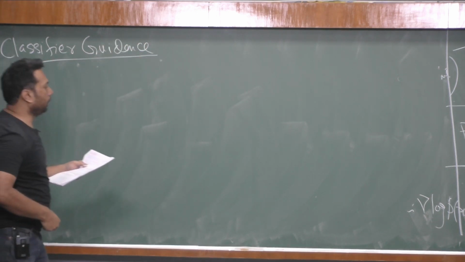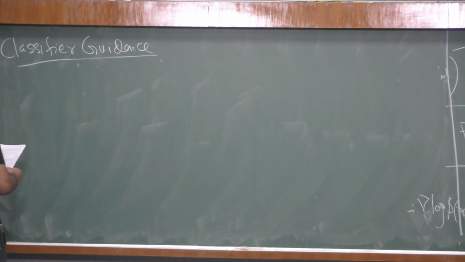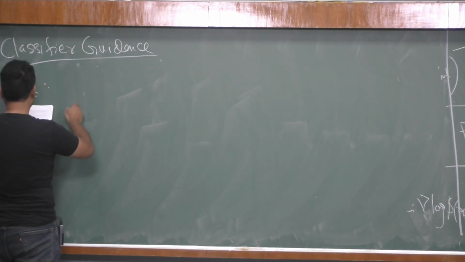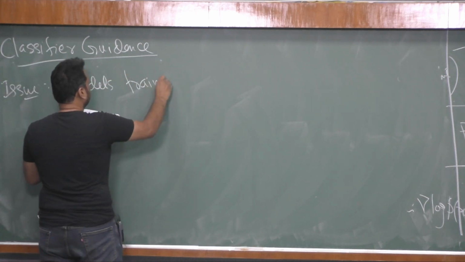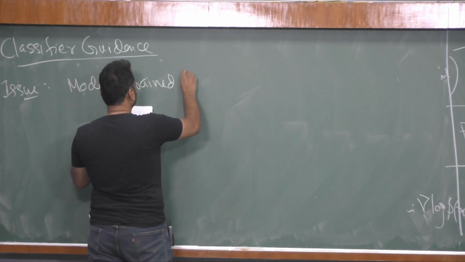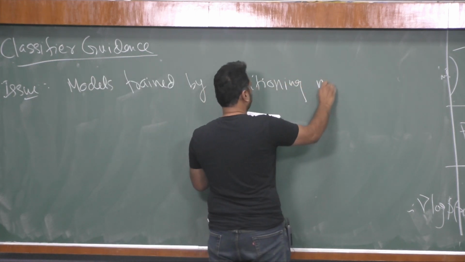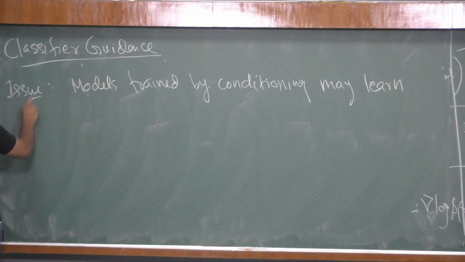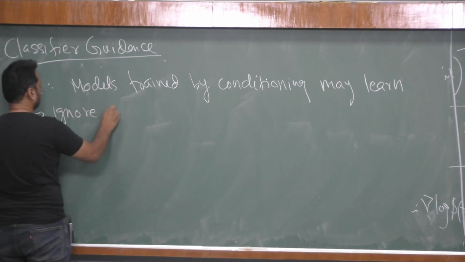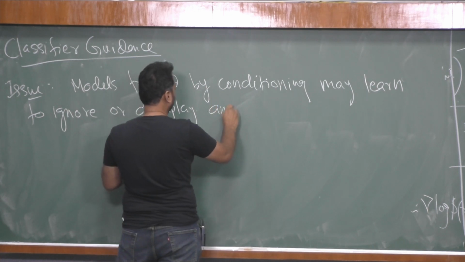If we train our model like that, with a condition, then the issue that we have, and it's good to put in the notes, is that models trained by conditioning may learn to ignore or downplay any conditioning information.